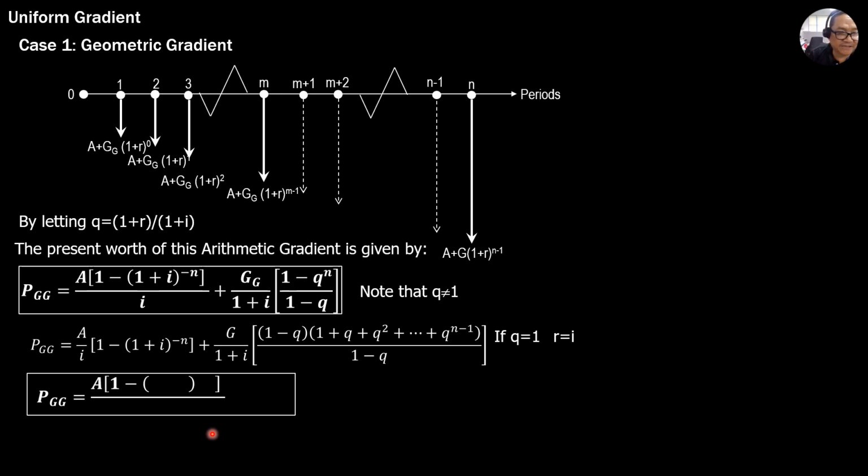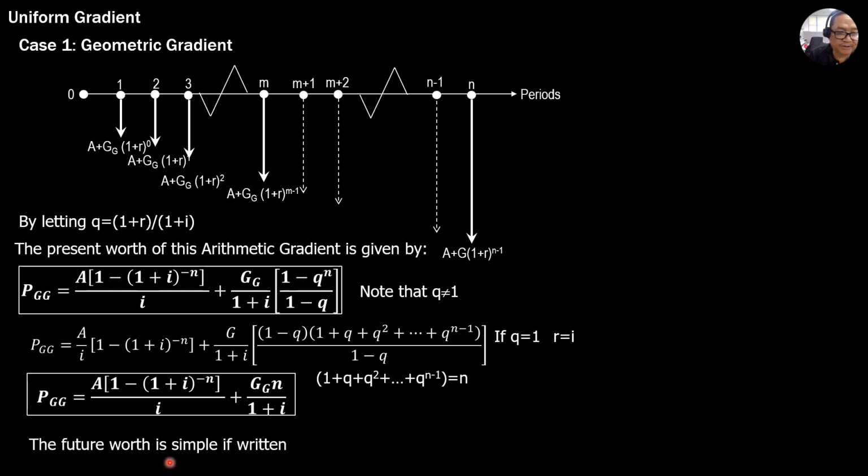So P sub Gg is the present worth of uniform payments, A quantity 1 minus 1 plus I to the negative n over I, plus the present worth of this portion where we have geometric gradient. And it reduces to this when Q is equal to 1.